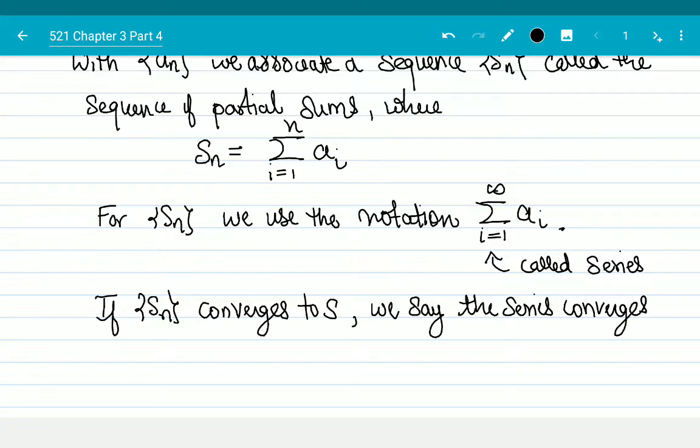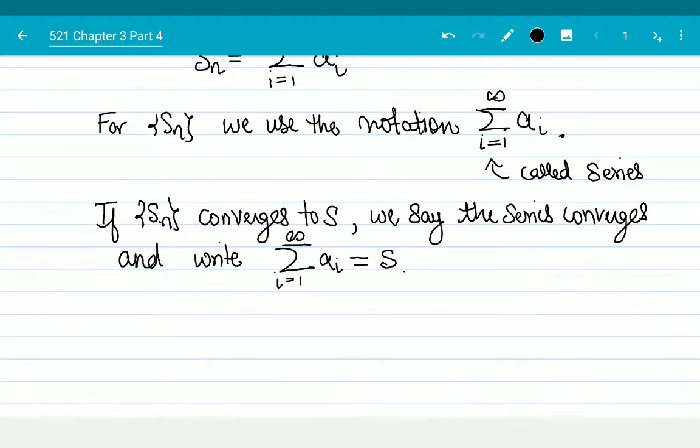We say that the series converges and write summation i is equal to 1 to infinity ai is equal to S. So S is generally called the sum of the series, but to be very precise, it is actually the limit of the sequence Sn, which is the limit of the sequence of partial sums.